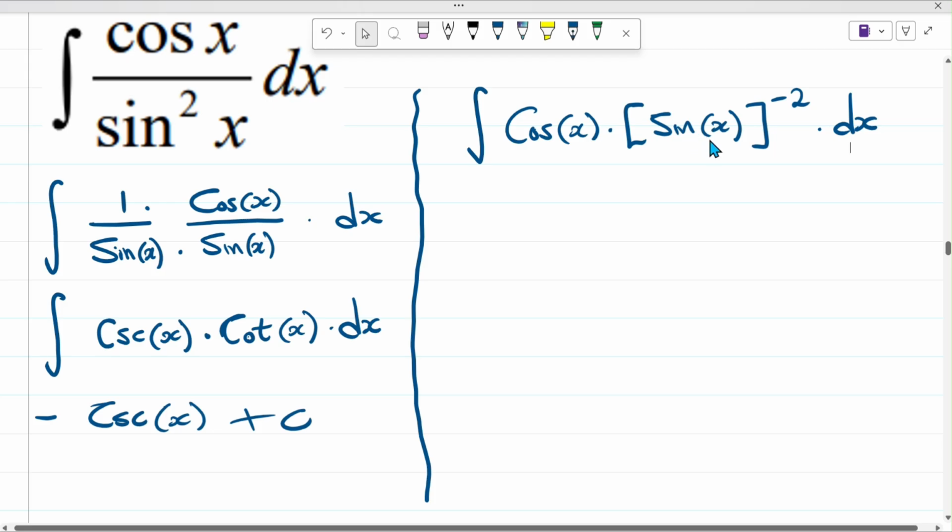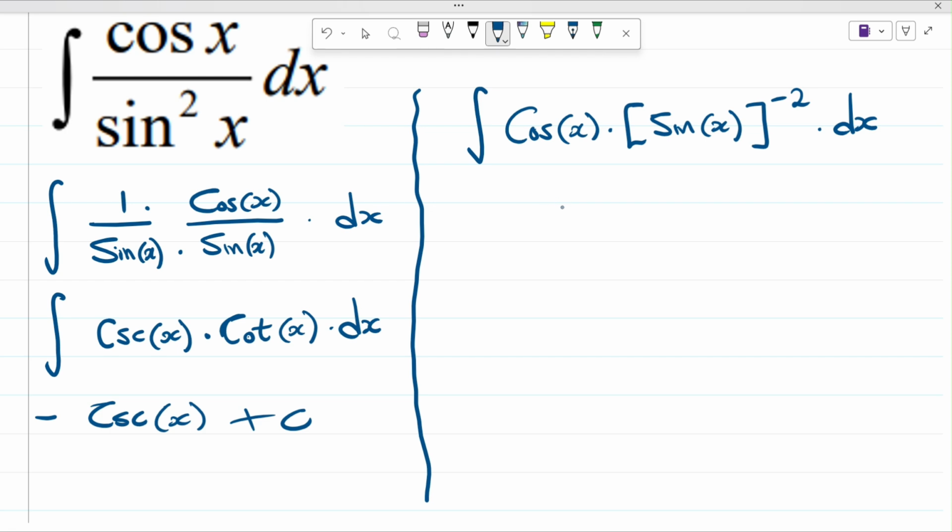If I let sine of x be my f of x, then can cos of x be the derivative of f of x? Can cos of x be the derivative of sine of x? Yes, it can be. So if I have f of x and its derivative, and my n here is equivalent to -2, then I can just make use of the general power rule.